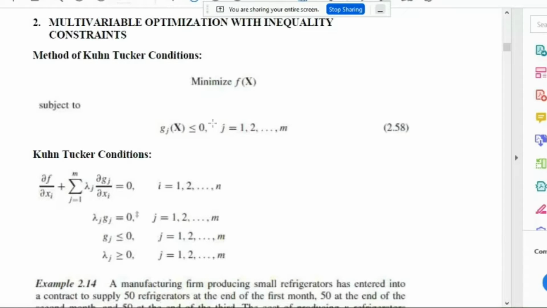The constraints must be converted into less than or equal to type or greater than or equal to type.